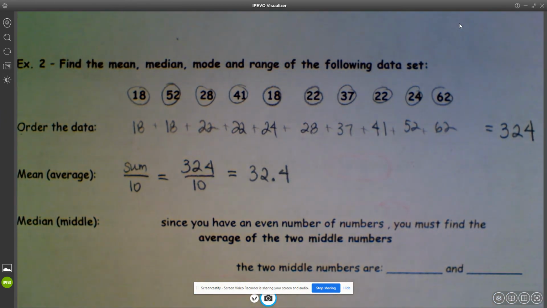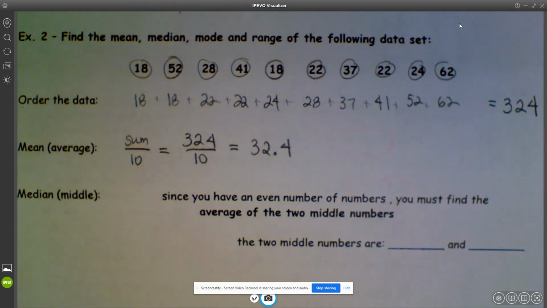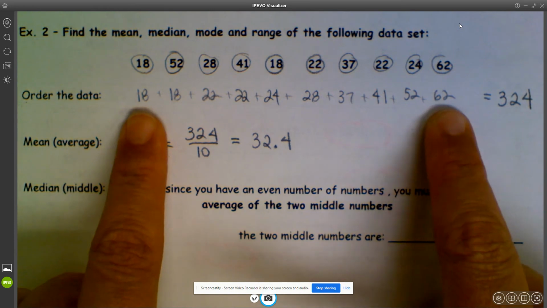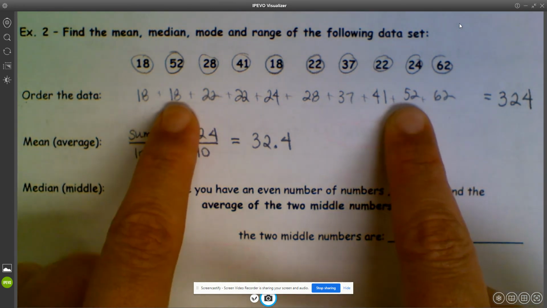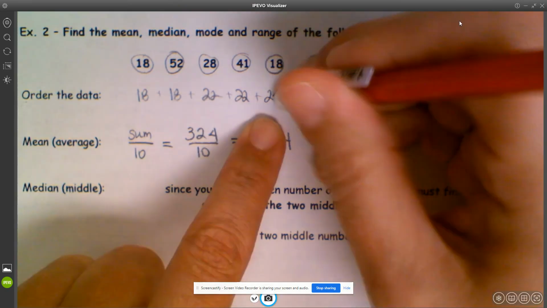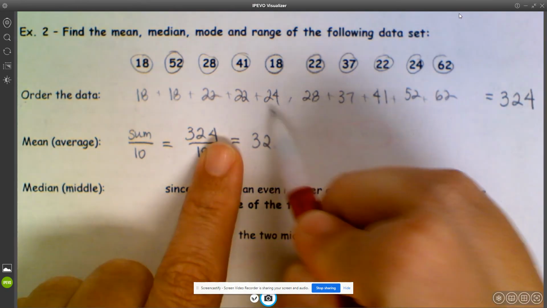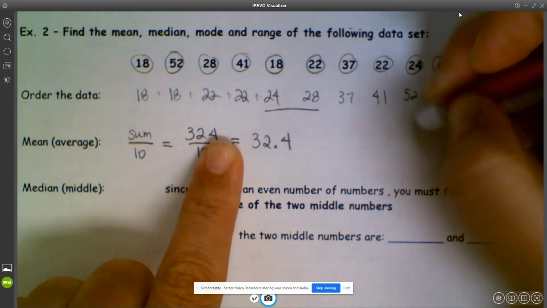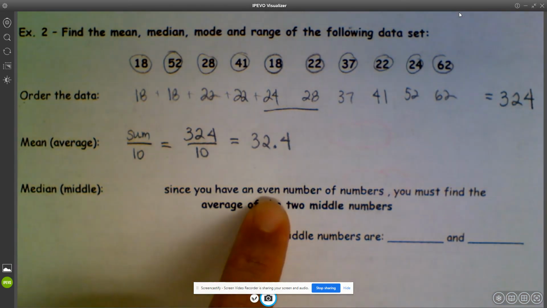All right, so now let's look at the median. I'm going to look at 18 and 62, and work my way in one at a time. And I see that I have 2 numbers in the middle, okay? I have an even number of numbers.